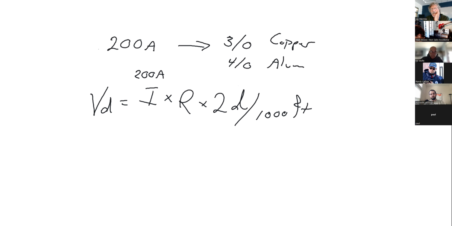I think the resistance table, I don't know where that is in the book, is 60 something. So this is the resistance for 3/0.